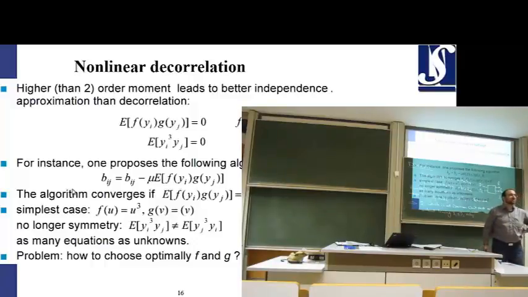Based on the CLT, y1 and y2 should be closer to the Gaussian, because they are a combination of S1 and S2.